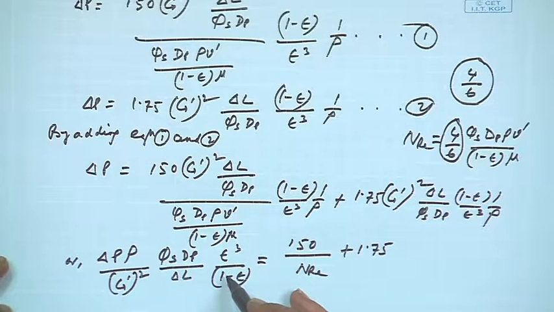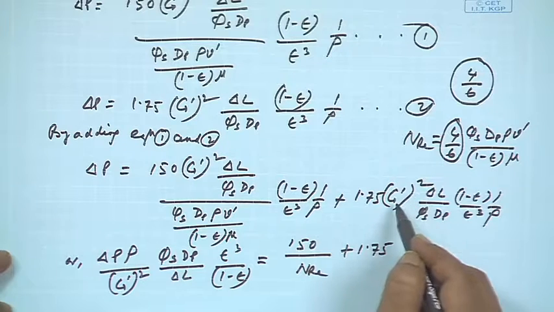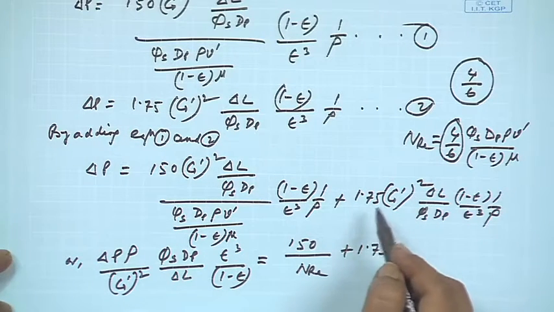And this was common because of g prime square, which we could have taken in.